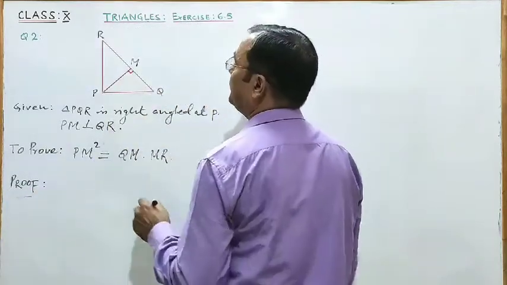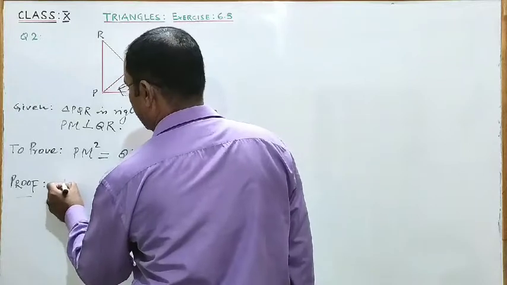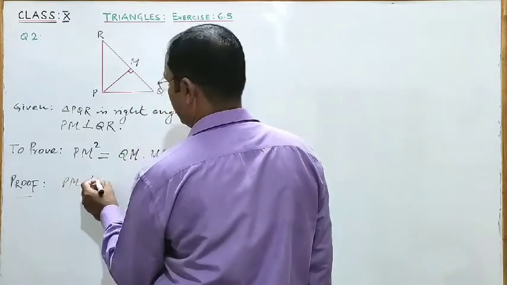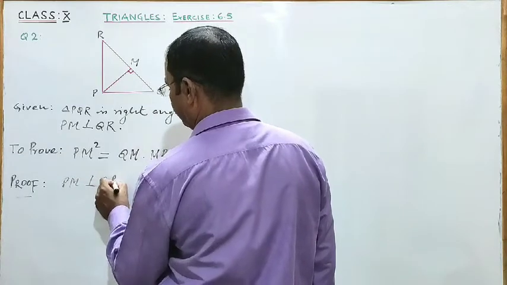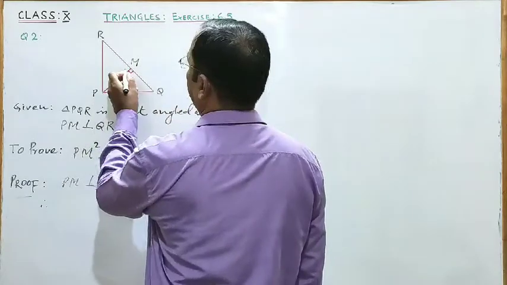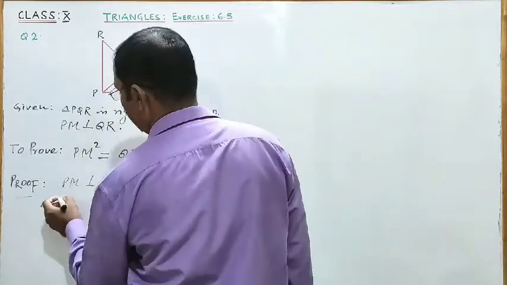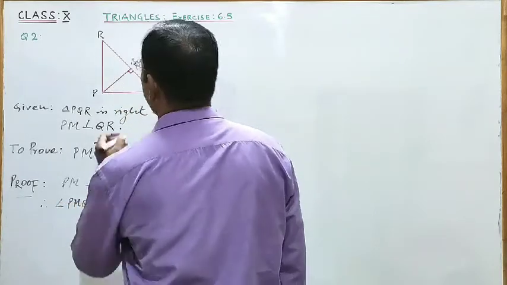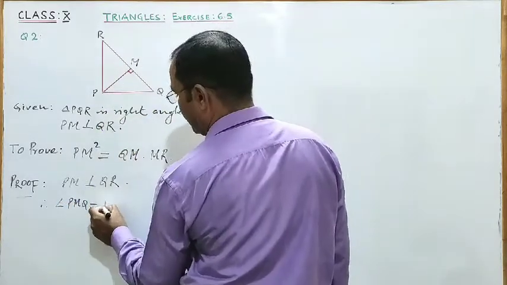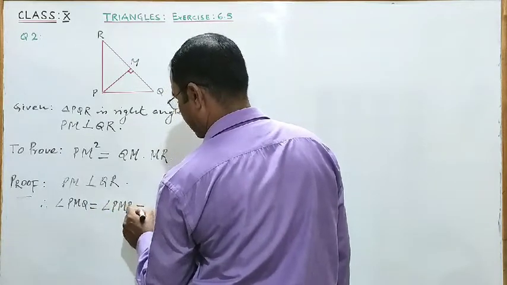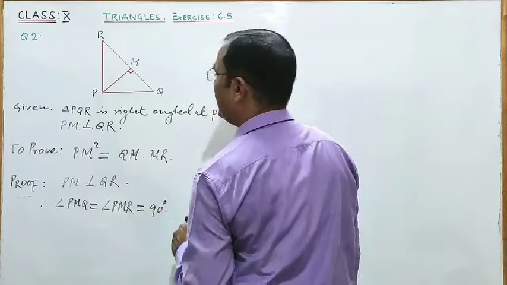Here in the question it is given that PM is perpendicular to QR. Therefore, angle PMQ is equal to angle PMR is equal to 90 degree.